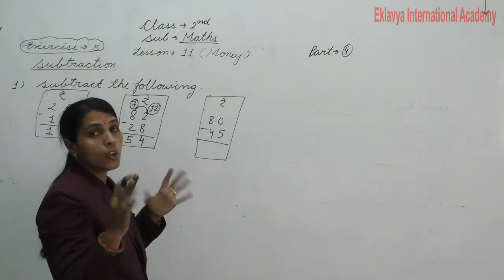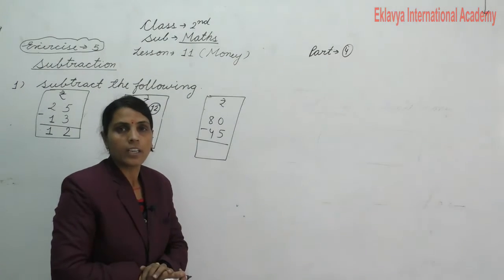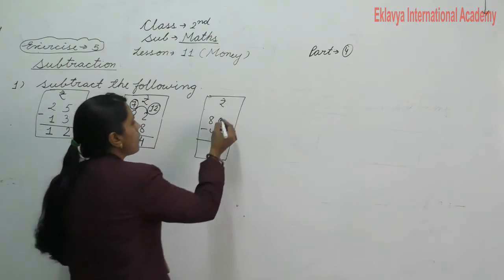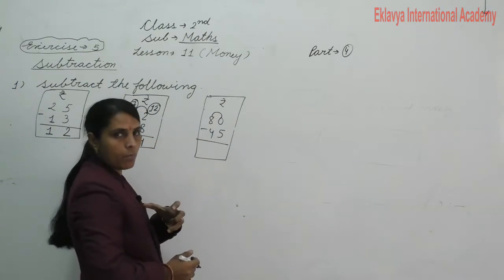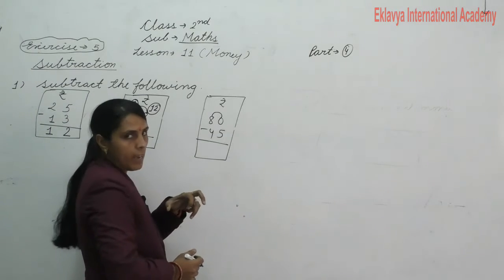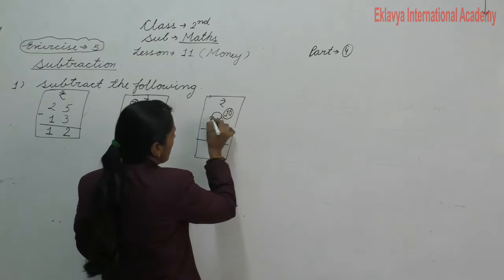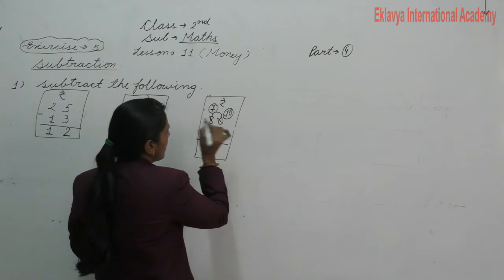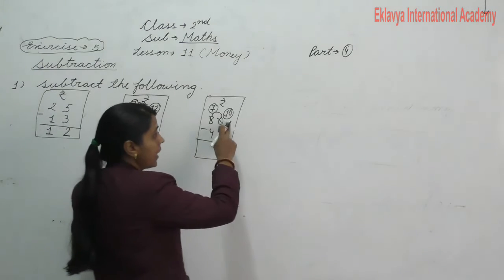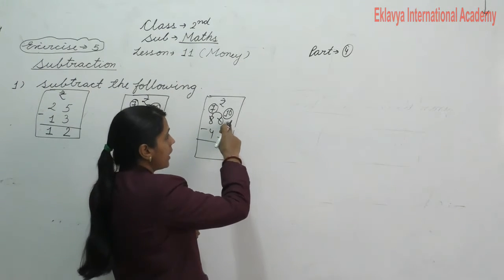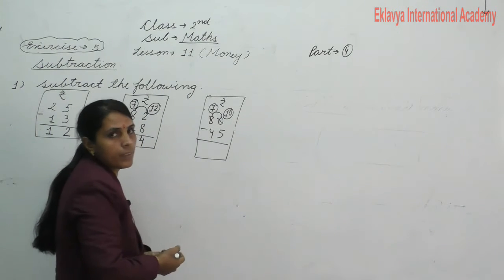Now you have 0 rupees, you want to spend 5 rupees. Can you spend? No. In this condition, we will go near the neighbor. We will take 1 rupee from the neighbor. If the neighbor gives you 1 rupee, you have 10 and your neighbor has 7. Now you have 10 rupees, and if you want to spend 5 rupees from 10, you can spend easily.